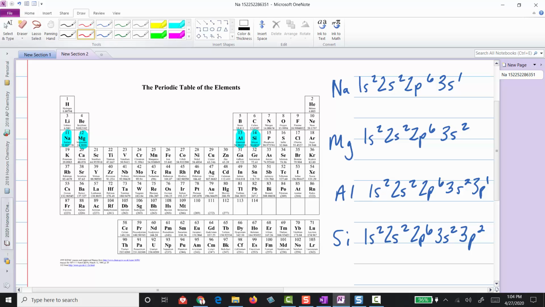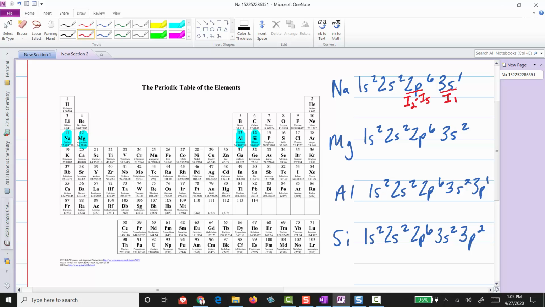All right, so for sodium, the first ionization energy would be that 3s electron. And then the rest, I2 through I5, would be 2p electrons.